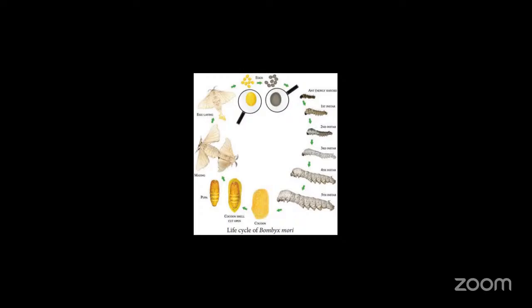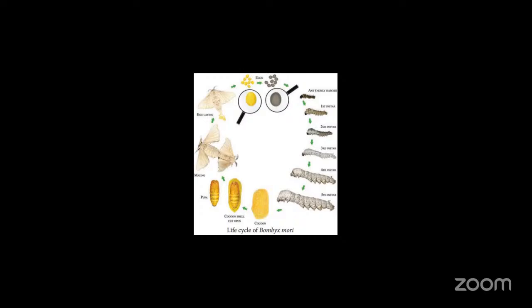At the time of pupation, the larva gives silk thread, which it spins around its body to protect itself from enemies like predators. The larva is popularly known as the silkworm.